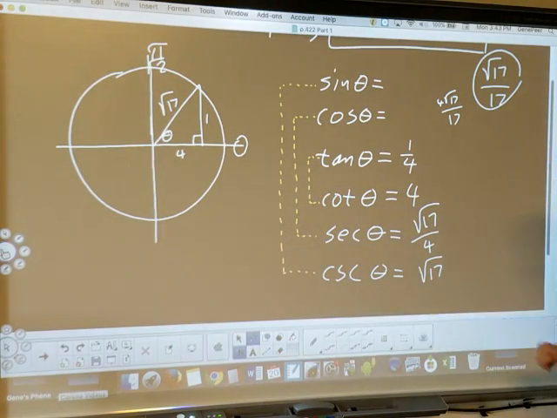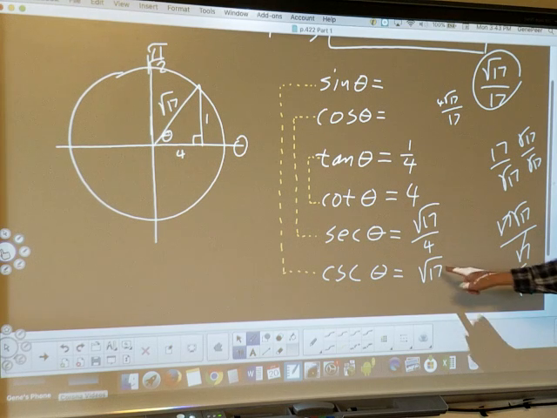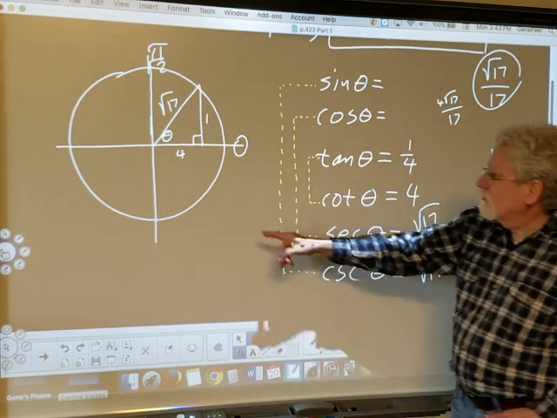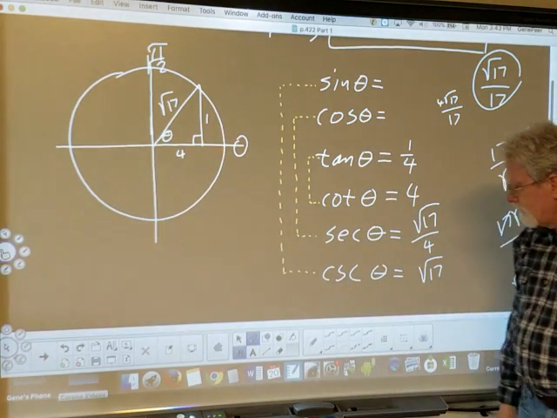If we flip that and multiply by square root of 17 over square root of 17, that gives us 17 square root of 17 over 17. Those cancel. We get square root of 17. But just doing hypotenuse over opposite was a lot quicker and simpler.